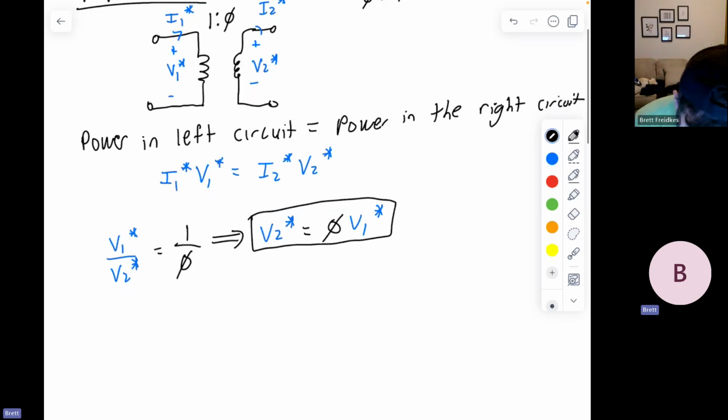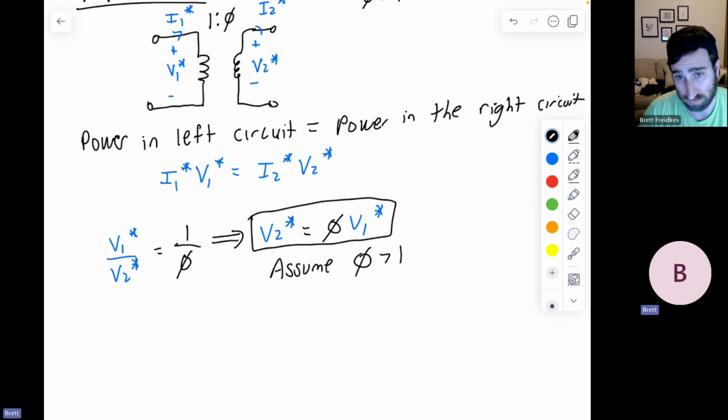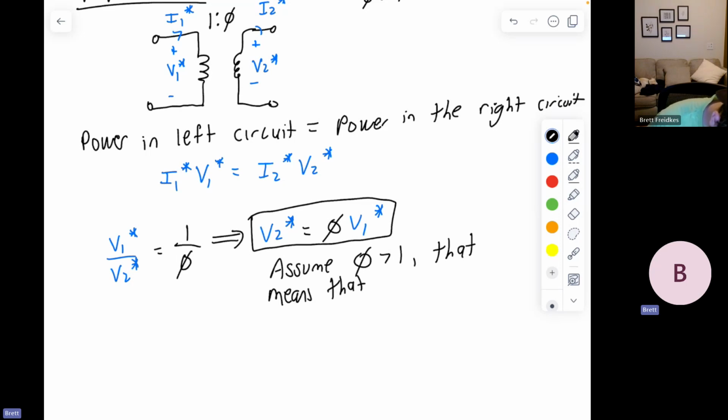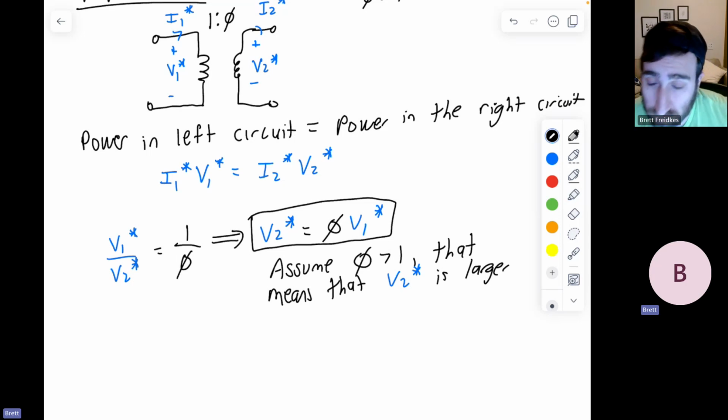Now, if we assume for a second that phi is bigger than 1, that means that the voltage in the right circuit, V2 star, is larger. We've taken V1 star and we have increased it into V2 star.